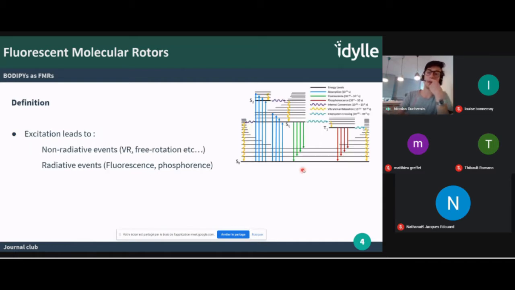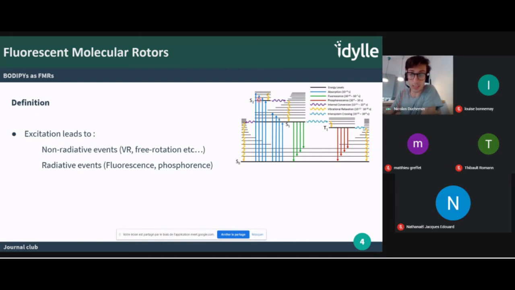In terms of pure photophysics, you all know that in general, light-induced excitation can lead to two different kinds of events. You go from the ground state, so this S0 singlet state, up to S1, the first excited state, or S2.